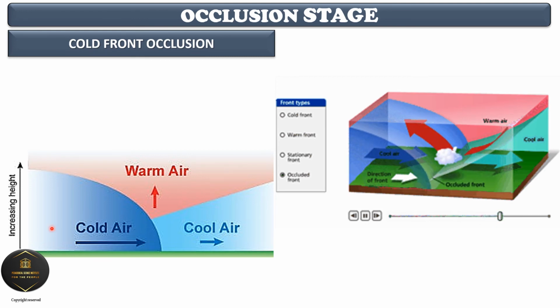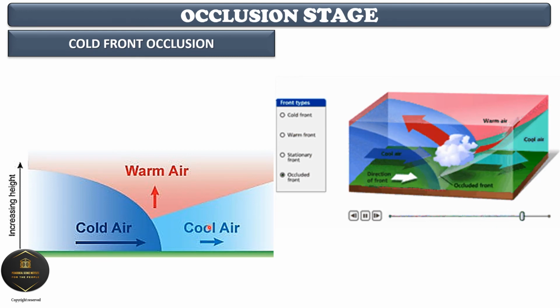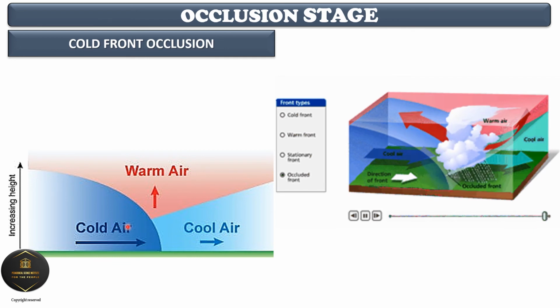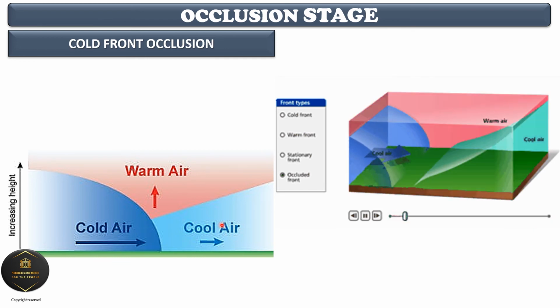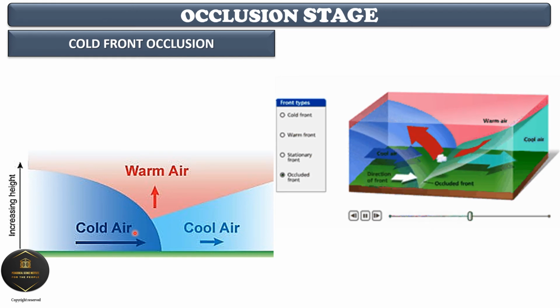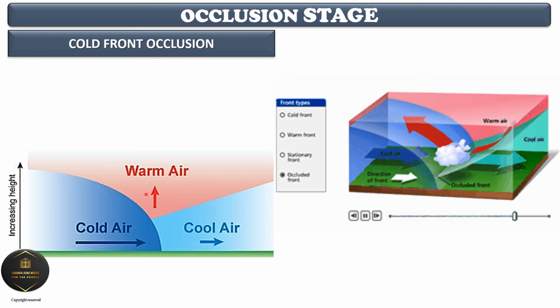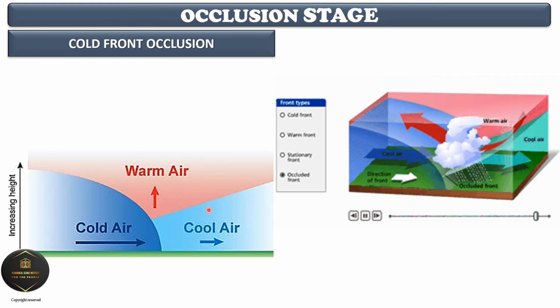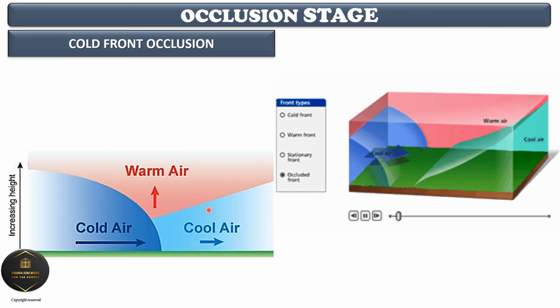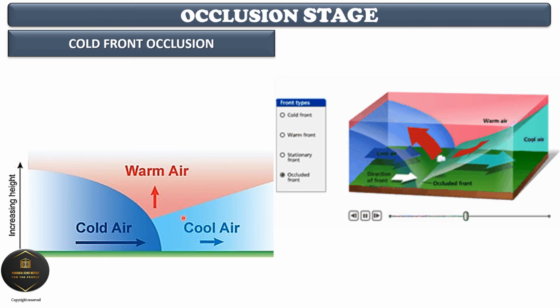Because remember, when we have a decrease in temperatures, our pressure will increase. So when the cold air in the cold sector catches up with the warm air, it will cause all of the warm air to be uplifted, and as a result, pressure will increase, so we will no longer have an extensive low pressure, and the system will get destroyed.